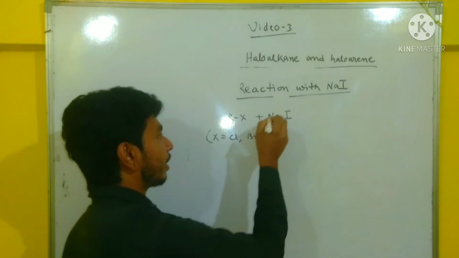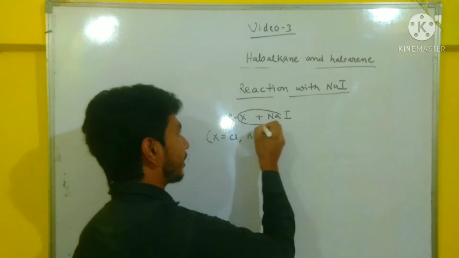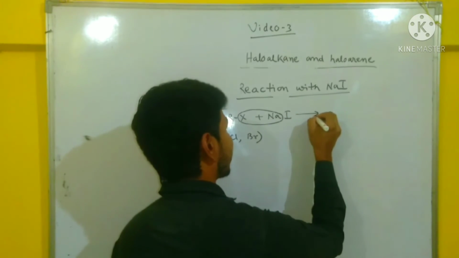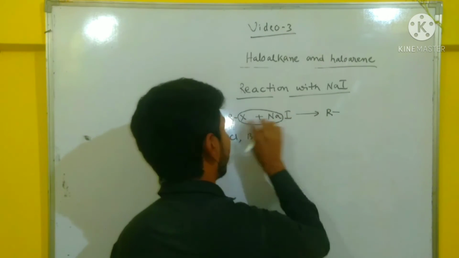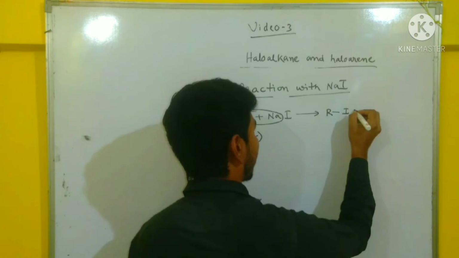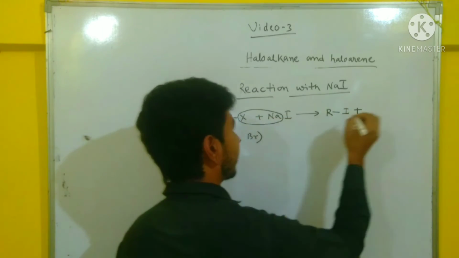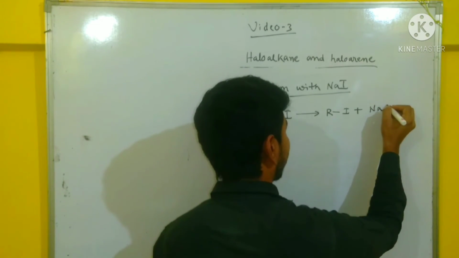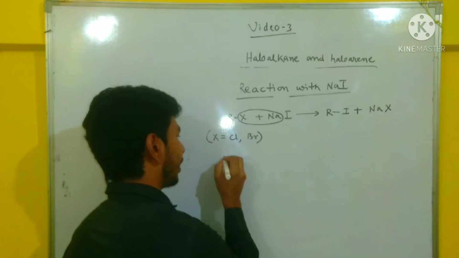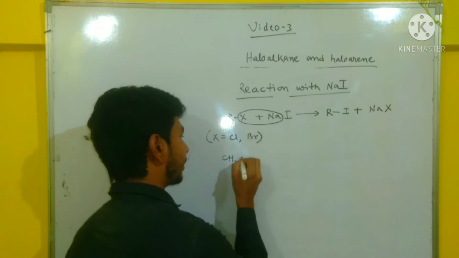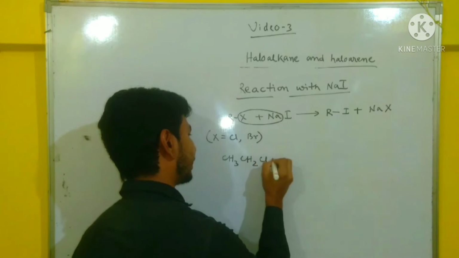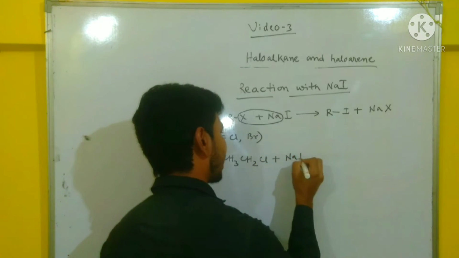Now what will be the product? NaX will be removed. So here it is RI plus NaX. As an example, CH3CH2Cl plus NaI.